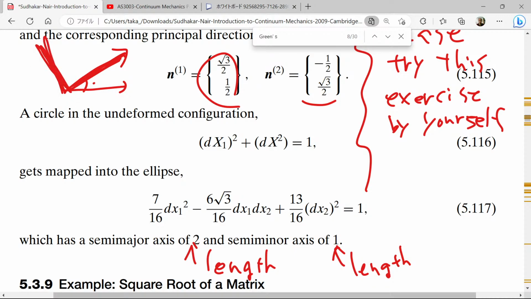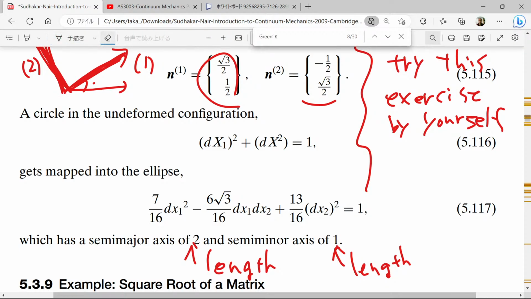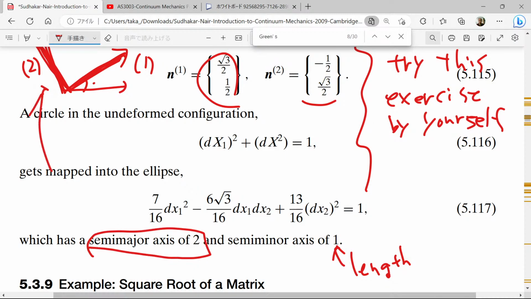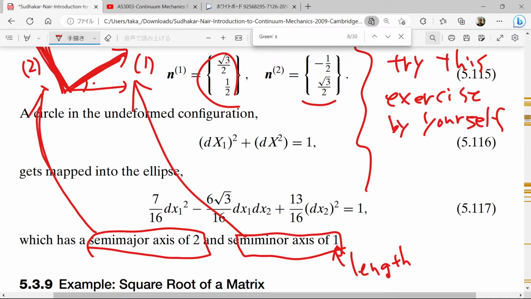And this is like this is 1, 2. No, I think this is like this. Semi-major axis of 2. So this is a major. This is semi-major. And this is semi-minor axis.